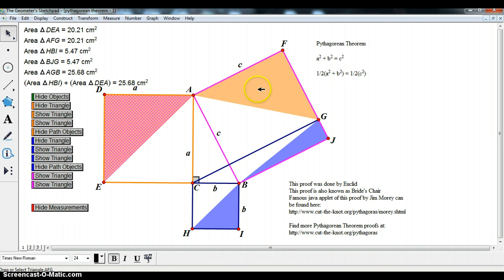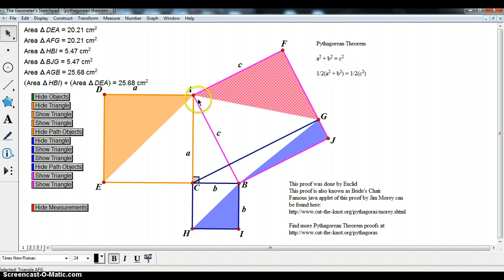So we were able to see that this DEA, which popped up right here, is 21.21, and AFG 21.21. They never change size. And then the same thing happens for BJG, this one, and HBI. Sorry about going a little backwards there. Both of these two are congruent.